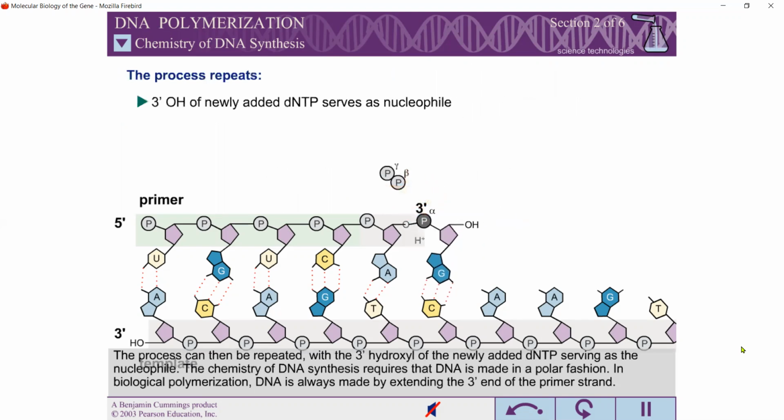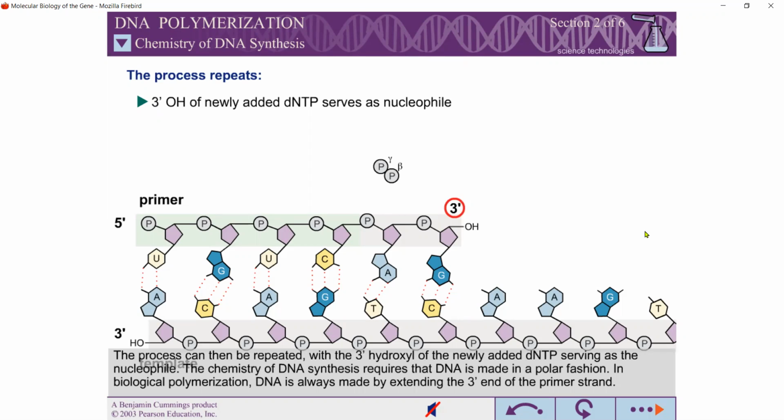G pairs with C, and then oxygen attacks the alpha-beta bond, and the gamma and beta phosphates leave the system as pyrophosphate, which is then further broken down to release additional free energy. One thing is very clear: the 3' end has been circled. Unless this oxygen is available here, the polymerization steps cannot continue.